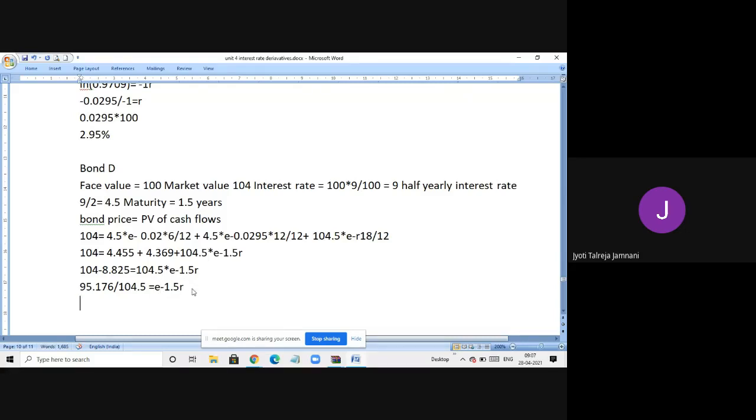If you divide, you get 0.9107. If we take e to this side, it will become natural log. Natural log of 0.9107 is equal to minus 1.5 r. So we'll find the natural log of 0.9107.